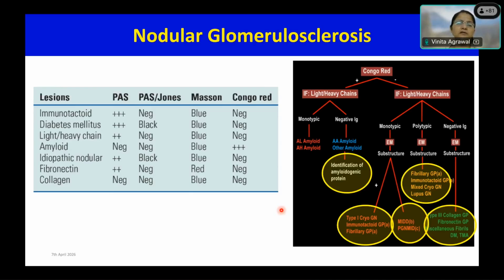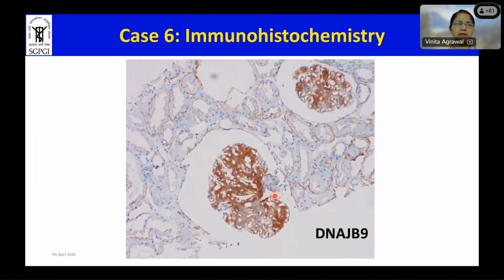So ideal will be to do an EM and look at it because these are organized deposits, but there is another option. If you do not have EM, or apart from EM also, you can do an immunohistochemical stain, that is DNAJB9, which is typically seen in fibrillary glomerulonephritis. So that is what we did, and it was DNAJB9 positive.